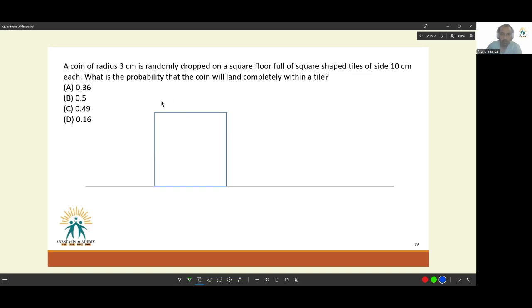What is the probability the coin will land completely within a tile? Now see, the coin has to be completely within a tile. I will make a diagram outside. What needs to happen is, at best, it can be tangential to the two sides.